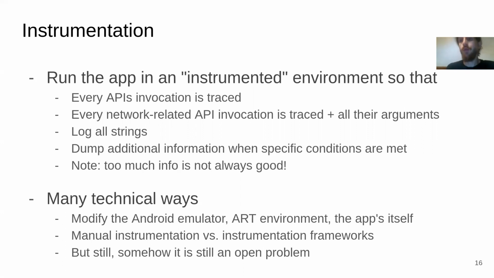In general, it could also be considered an open problem, in the sense that if you just have a benign app, then I think everything is fine. If you have a malicious app, then it's an arms race, because many of these instrumentations could be detected, both manual and with a framework. If it's manual, you are modifying the app, and so an app can detect it has been modified and stop doing the malicious thing, for example. Same for instrumentation frameworks.